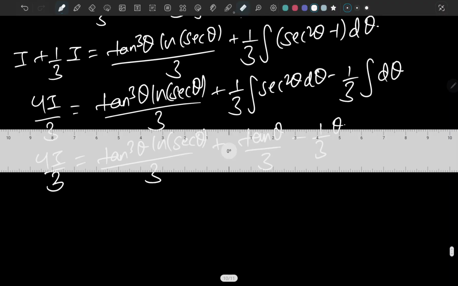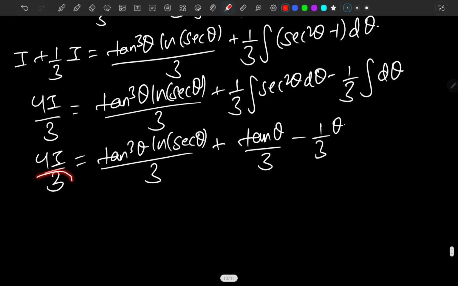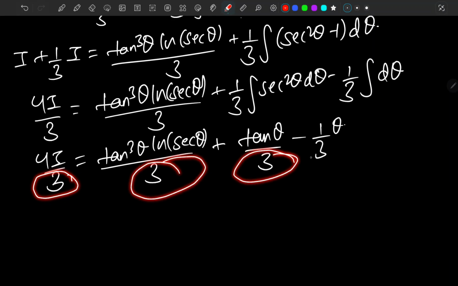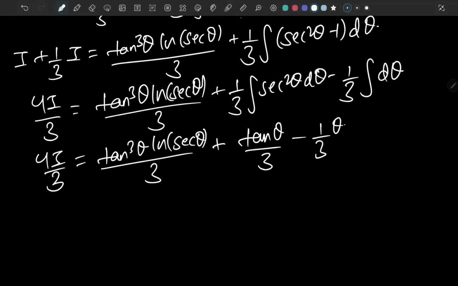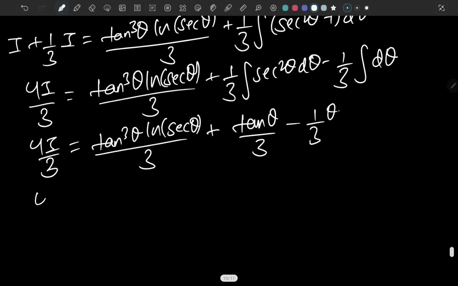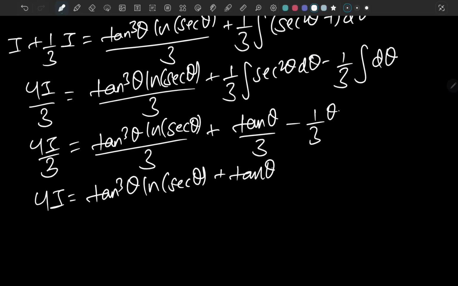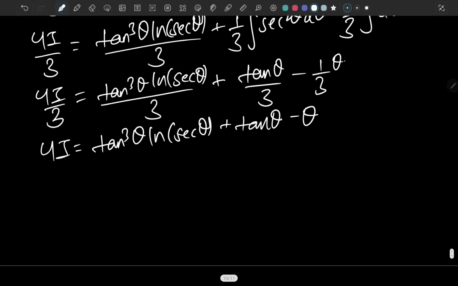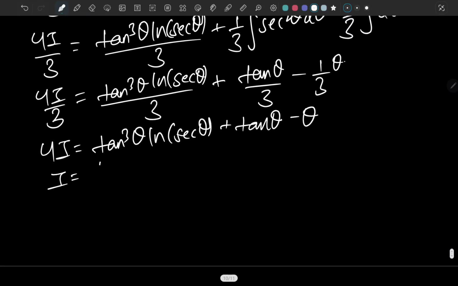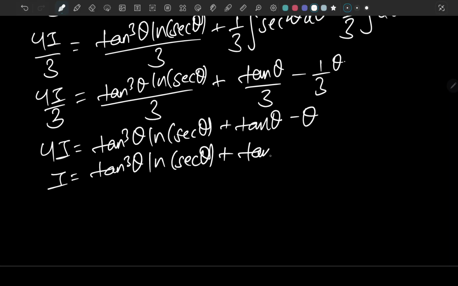Well, 3 is just sitting common inside the denominator, so we are getting rid of this, and our 4I becomes tangent cube theta ln secant theta plus tangent theta minus theta. So I becomes tangent cube theta ln secant theta plus tan theta minus theta, over 4.